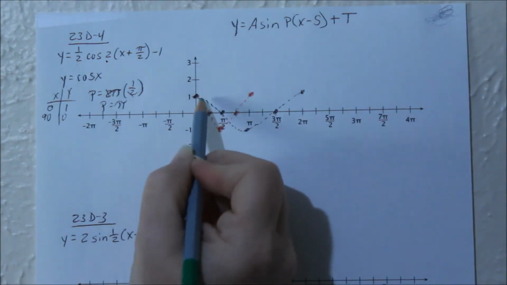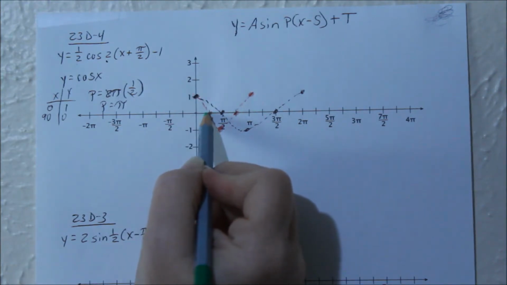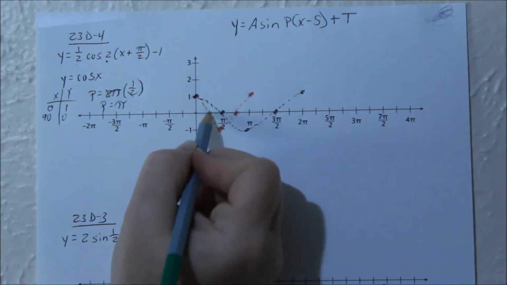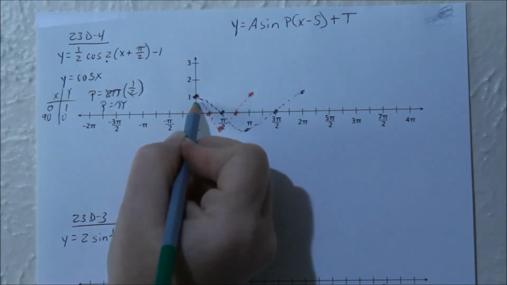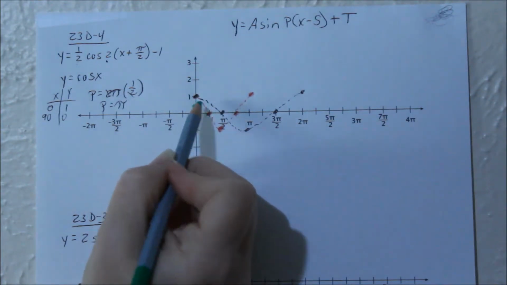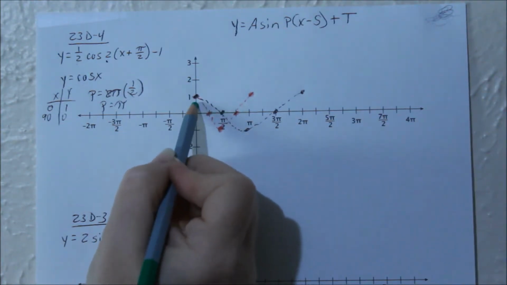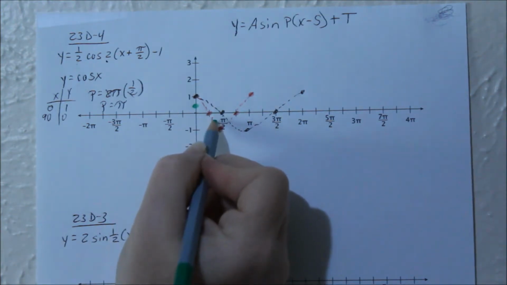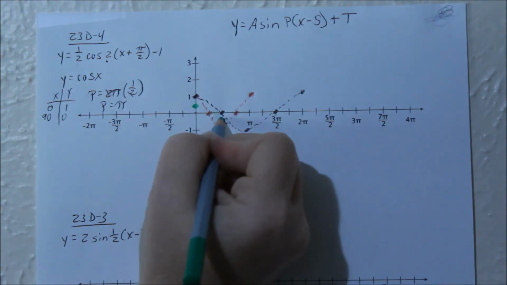So from here to my highest point is 1, but I want it to be half, 1/2. Well, how do I get the distance from here to my highest point to be 1/2? I bring this down 1/2. So if this point was right here, which would be at 1/2, then from my center line to here is 1/2. Same here. This has to come up 1/2.